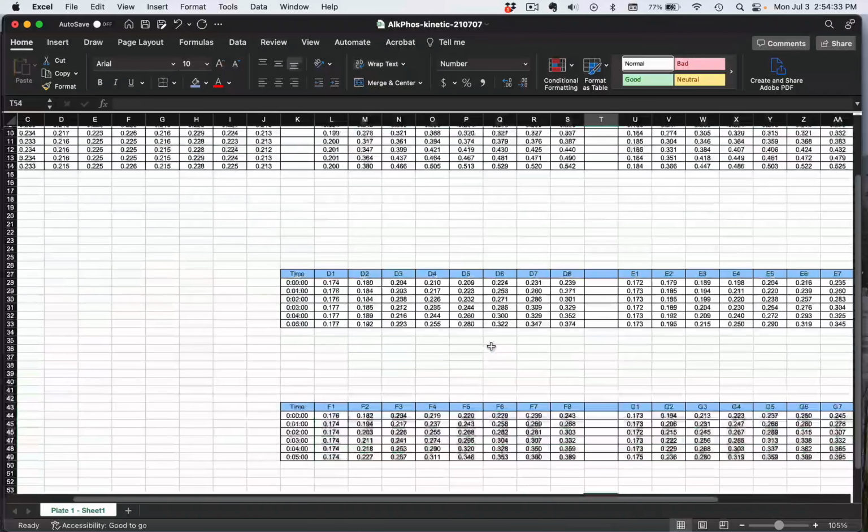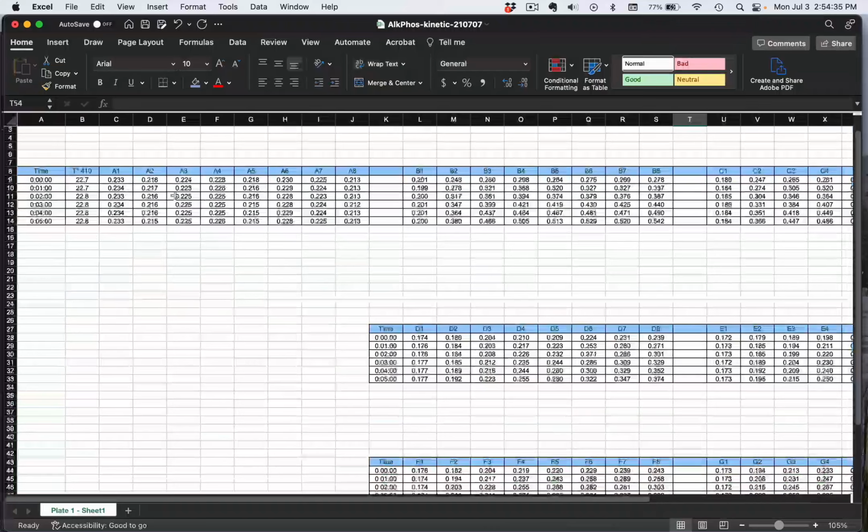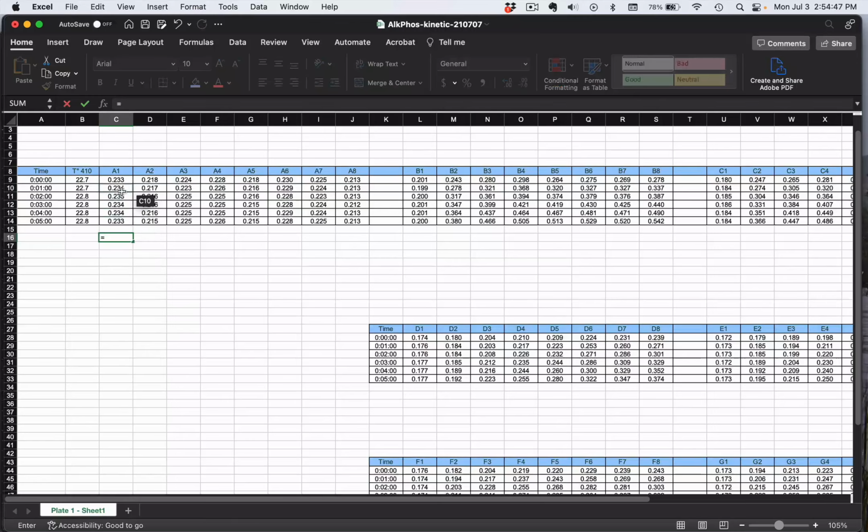So now we want to look at the absorbance. We want to look for any absorbance change in the absence of enzyme. The easiest way to do this is to say this equals this cell minus this cell. And you notice it's 0.001.